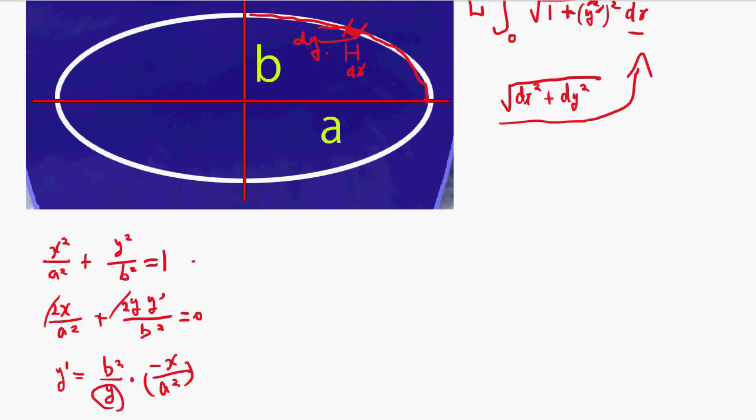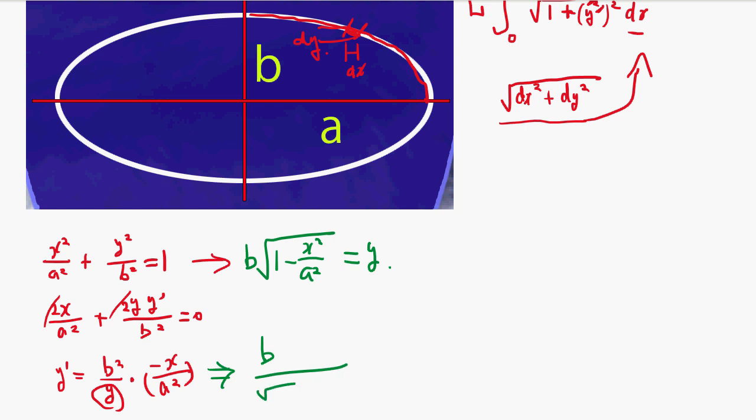Here y, let me write it clean, is b times the square root of 1 minus x squared over a squared. So this is going to be b squared x over a squared times b times the square root of 1 minus x squared over a squared, with a minus sign.